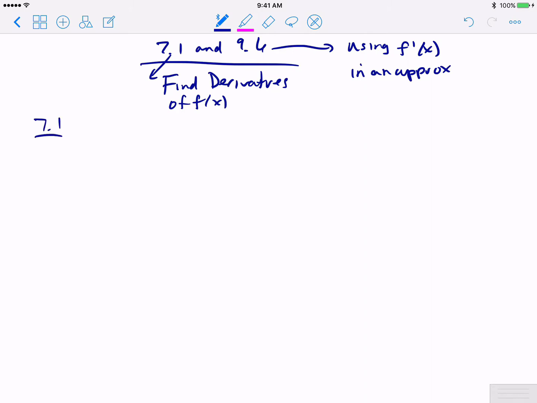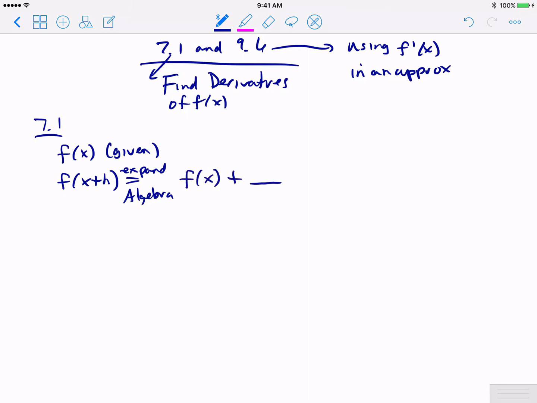So in section 7.1 we learned that if you are given a function f of x, and then you put in x plus h into this function, you will find that f of x plus h, if you expand it using algebra, will expand to f of x plus something times h plus some terms h squared, h cubed, and so on.